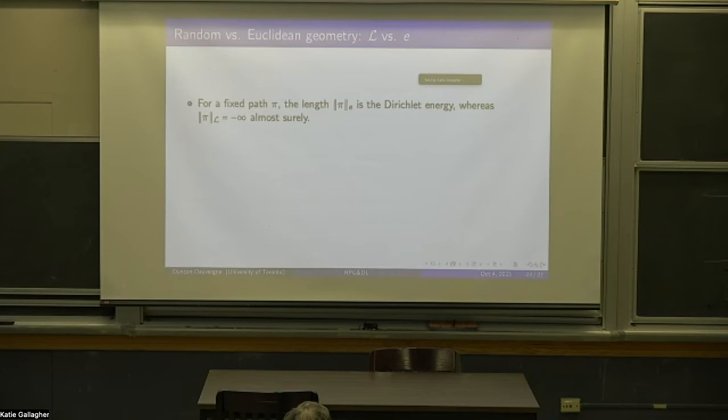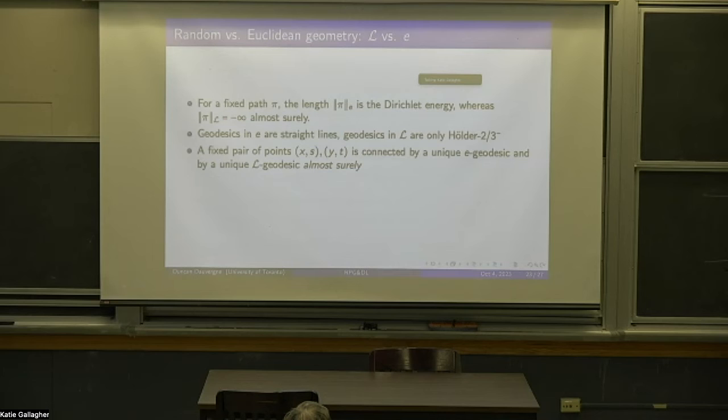These are very rare. But nonetheless, special paths exist, and you do see geodesics. A geodesic is a path whose length is the distance between its ends. These things do exist, but they are random.